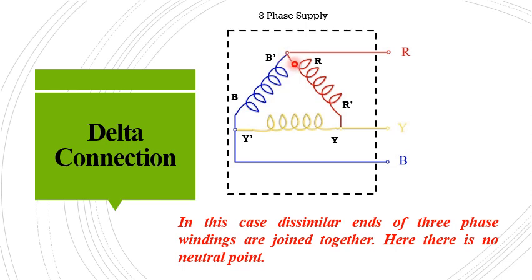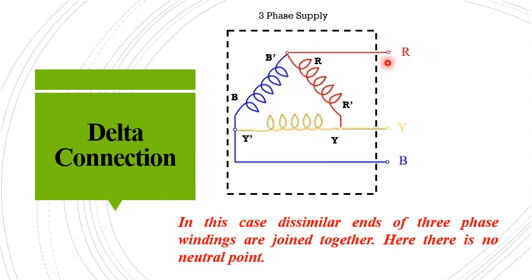If you are looking at the figure, we can see that R dash is connected to Y, Y dash is connected to B and B dash is connected to R. All the three coils are connected to form a closed loop or the shape of a delta.